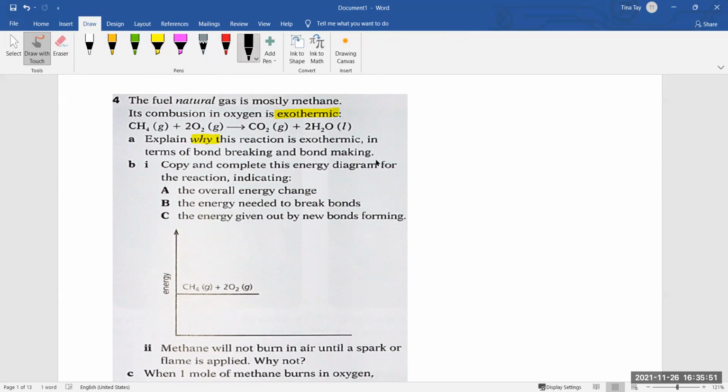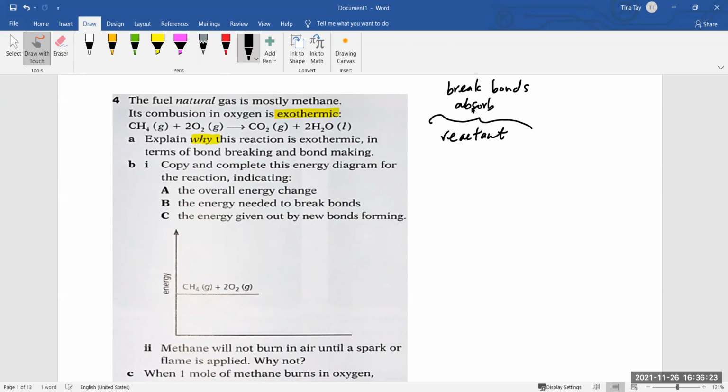So what happens is, in any reaction, for the reactant, first you break bonds, right? And when you break bonds, do you absorb or release heat? No, breaking bonds is absorb. First, you absorb heat.